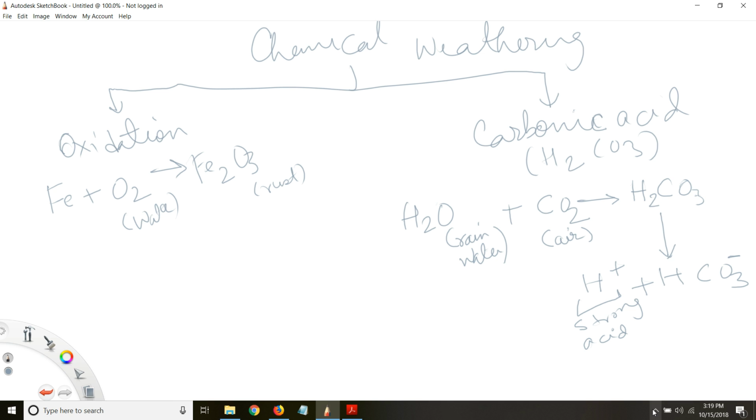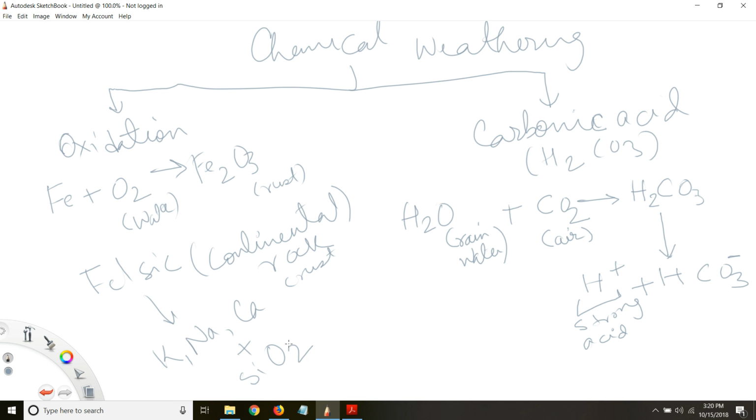So the felsic rock, or this continental rock or crust, is rich in potassium, sodium, calcium, plus it has silica. What will happen is this H plus, which is also a cation, as all of these are cations.